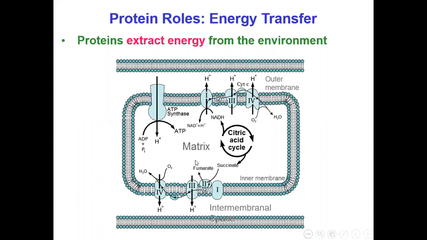So if we start with the first process of getting energy from foodstuff, most of it happens inside cellular organelles called mitochondria. And that's why we often refer to mitochondria as the powerhouses of cells, because they specialize in the production of ATP. And the process actually starts outside mitochondria.